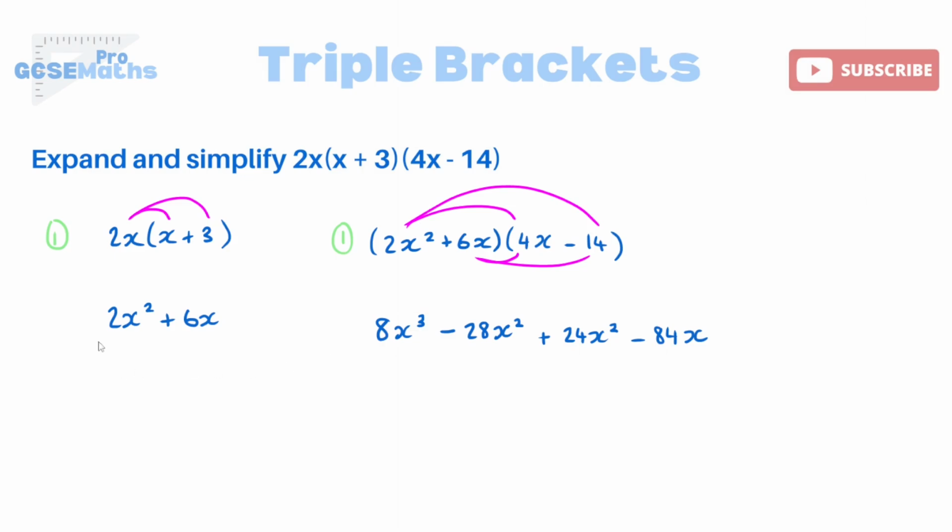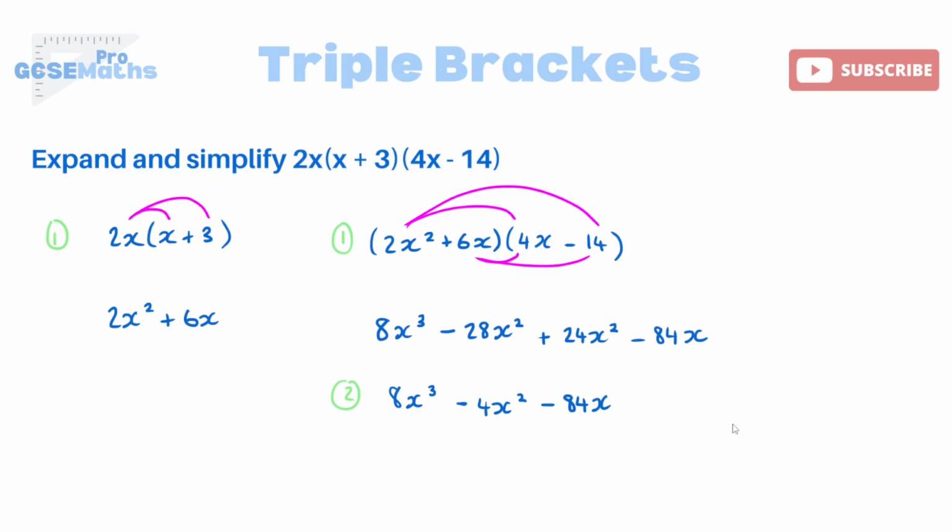So we've done that, we've expanded it. We can now simplify, because as you can see, I've done it in that same order. I have now got terms in the middle that are like terms that I can collect. So overall, 8x cubed minus 4x squared minus 84x at the end. Now this one doesn't have an actual number just on its own at the end, because technically everything was multiplied not just by the 2 but by the x, wasn't it?